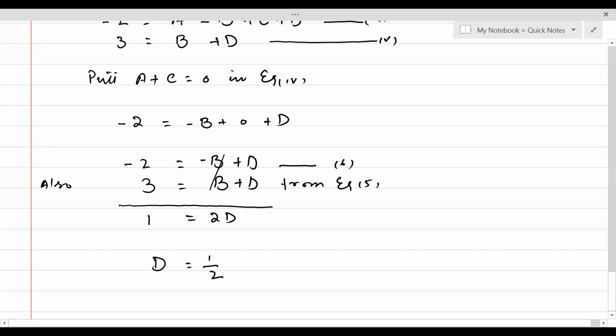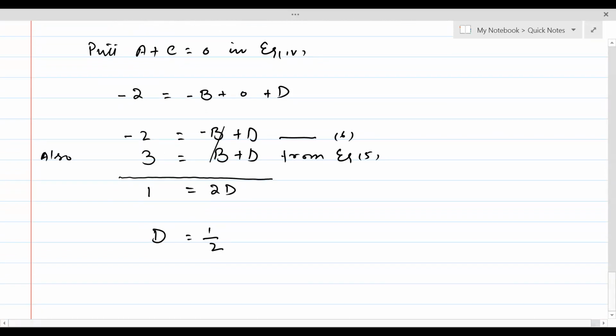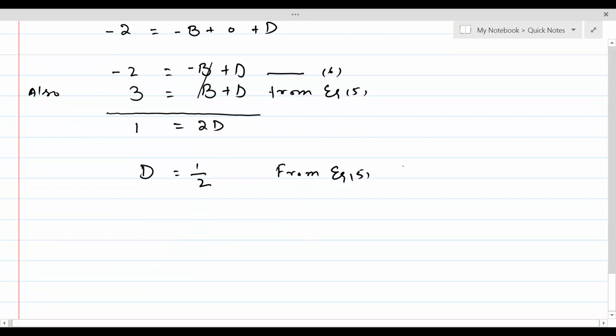This is the first value we got, and now from equation 5 we will get 3 equal to b plus 1 by 2. This gives us b equal to 3 minus 1 by 2. So b is equal to 5 over 2. So we got the value of b as well.